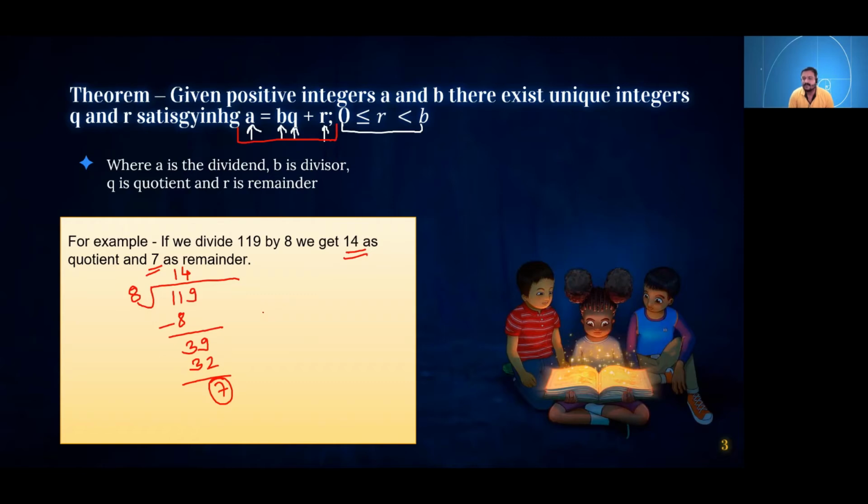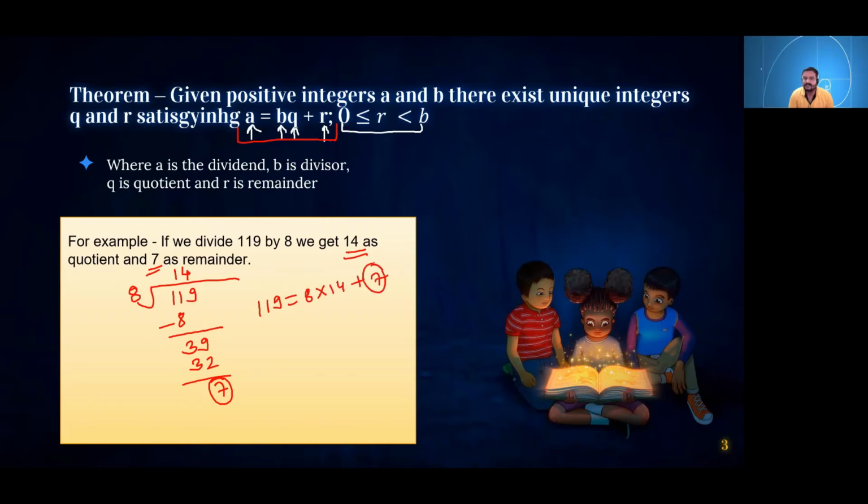How will we write it? 119 is equal to 8 into 14 plus 7.